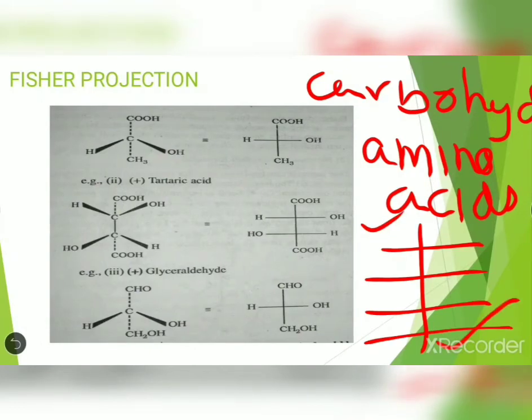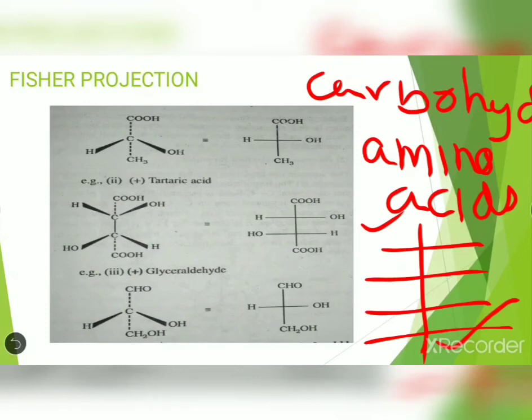Fischer projection is written with the longest carbon chain vertically extending from top to bottom with all the groups eclipsed. It cannot be written in the staggered conformation. The staggered conformation is restricted in the Fischer projection. The vertical line on the end carbon atom represents a bond that is projected behind the plane of paper.